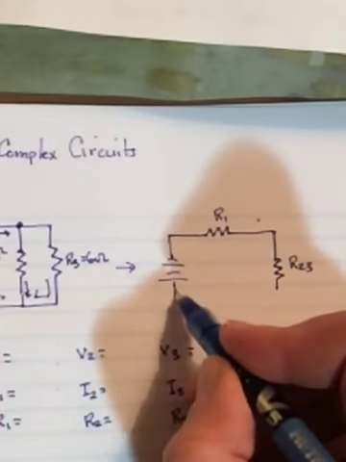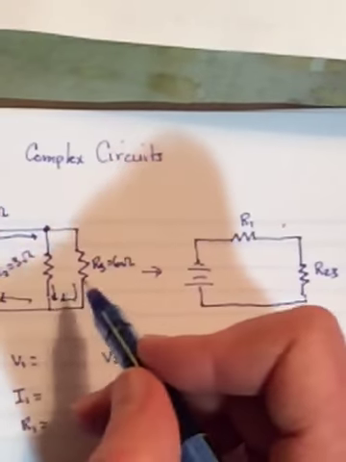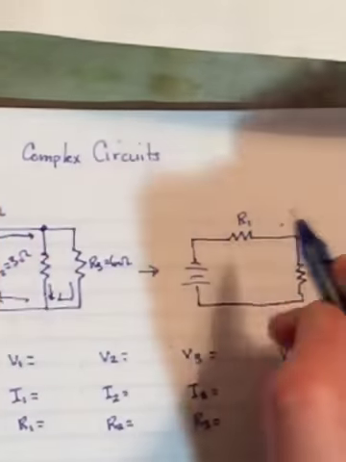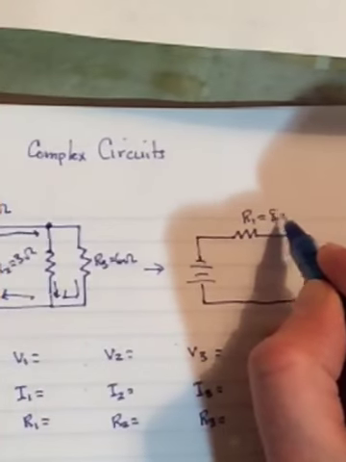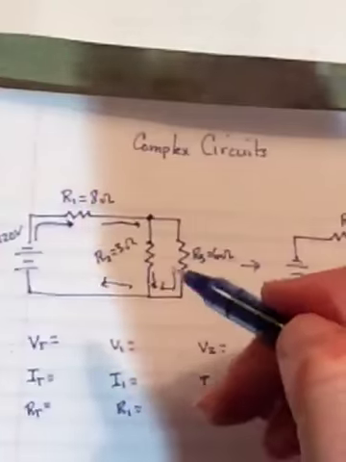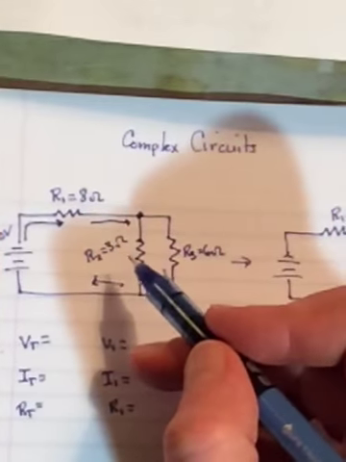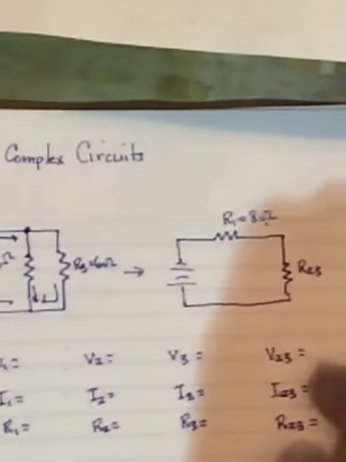And R23 has to be the equivalent resistor to R2 and R3 in parallel. So R1 isn't going to change, it's still going to be the 8 ohms, and I'm using the numbers of the example on your sheet. R3 is 6 ohms, R2 is 3 ohms, and they're connected in parallel.